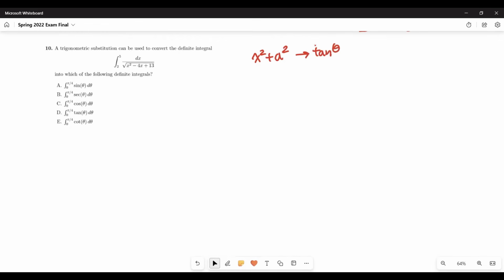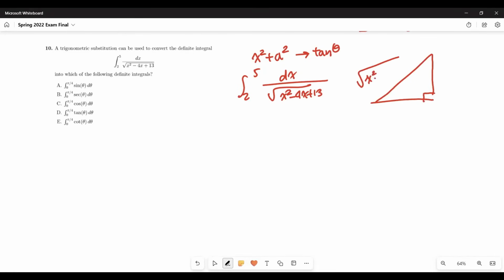So we can write the integral from 2 to 5 of dx over the square root of x squared minus 4x plus 13, and we're going to draw the triangle. The reason the square root value goes in the hypotenuse is because of the plus sign. If it was a minus sign, it would have gone somewhere else. But since this is plus, we're going to put this as x minus 2.